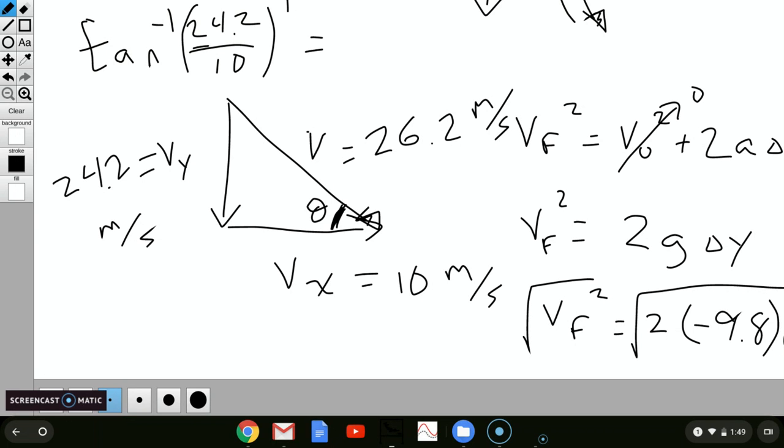So 24.2 divided by 10, and I get 84.3 degrees. Which makes sense because it's moving down much faster than it's moving sideways. And so we would put that and say with the horizontal there.